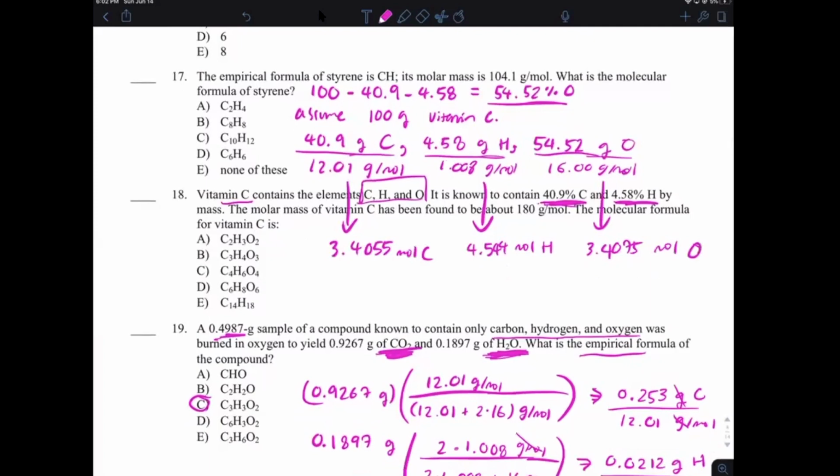Okay, so what number should we divide all these three by to get our empirical formula? So which number is the smallest out of these three?